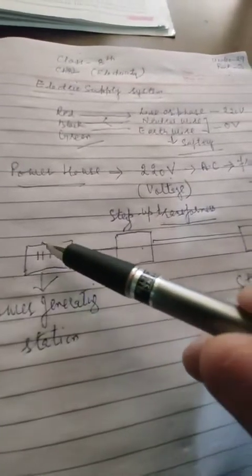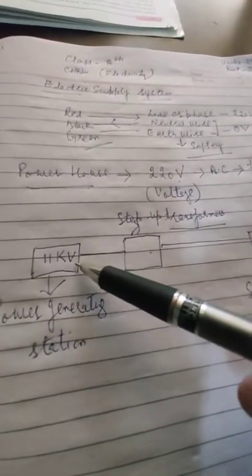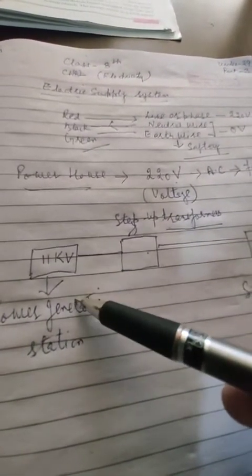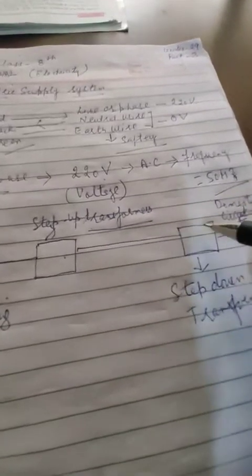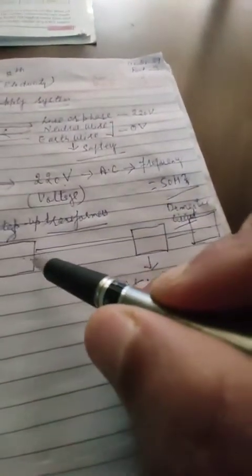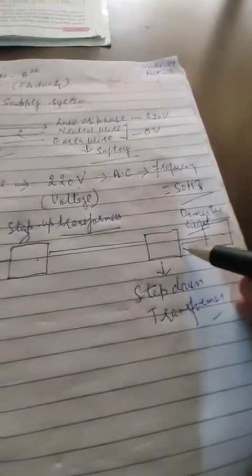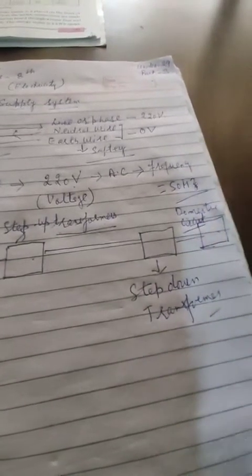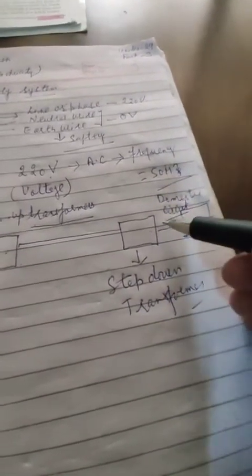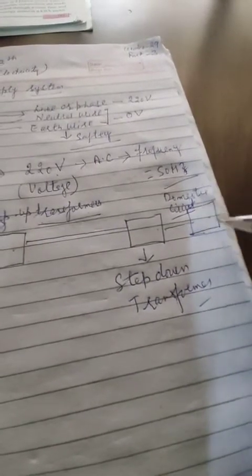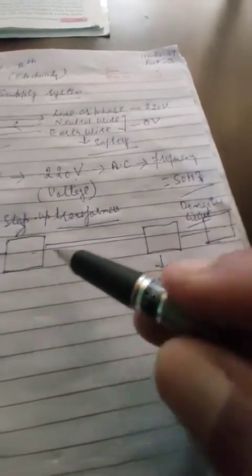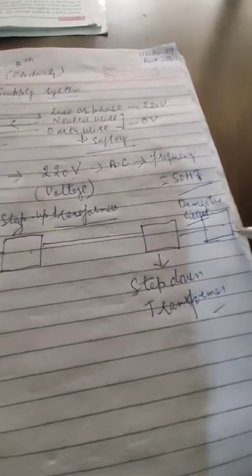First, at the power generating station or at the dam, the electricity is generated, and then it is stepped up. After stepping up, the electricity is supplied, and then this voltage is stepped down. Step down means lowered, and then it is made to reach our domestic circuit. Like this, the electricity reaches our houses. Clear?